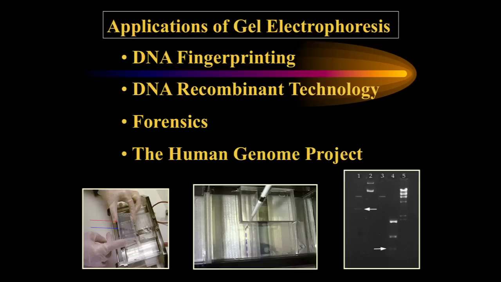And it's the same technique that has been used in recombinant DNA technologies that have been described previously in this class, and here applied to forensics. But we see that these same technologies have been applied to cancer biology, vaccine development, all of the other different technologies that we've described.